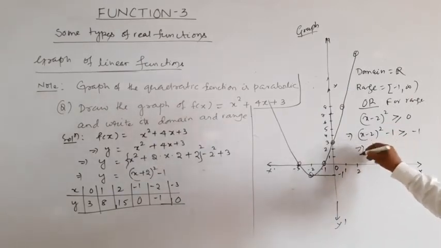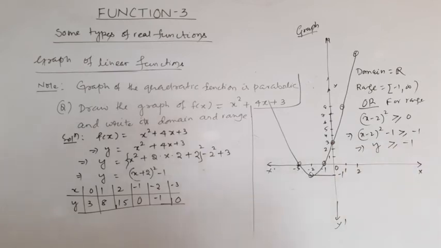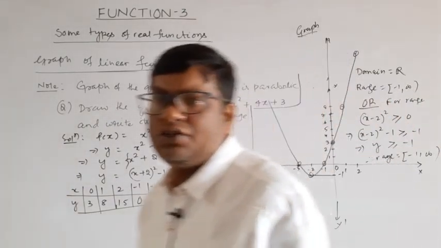That implies y is greater than or equal to minus 1. So the value of y is greater than or equal to minus 1, therefore range is equal to minus 1 to infinity. You can do it like this, or from the graph you can find the range of the function.